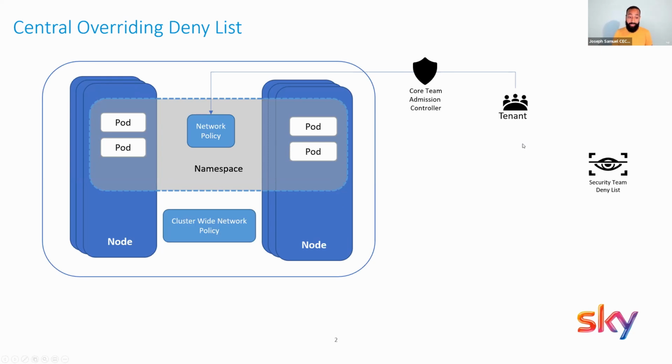That's where cluster-wide network policies made a massive difference to us and simplified the scope of that work, because it can easily create a perimeter boundary for us. What's left for us to do as a platform team is just build a service that syncs up their deny list with that network policy.